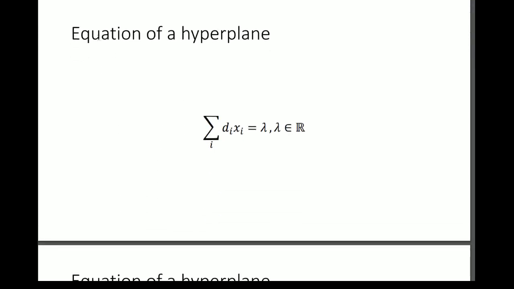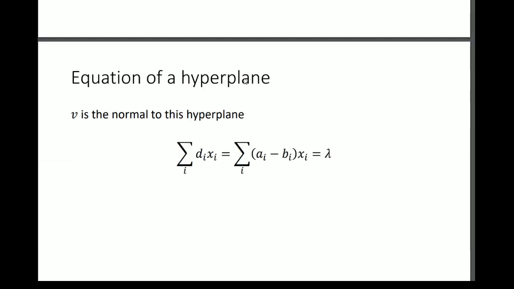So in general, the equation of a hyperplane is a sum of di xi, with xi being the unknowns of the system, and di being coefficients, equal to a lambda, with lambda being real. So now we replace it so that v is the normal to this hyperplane.